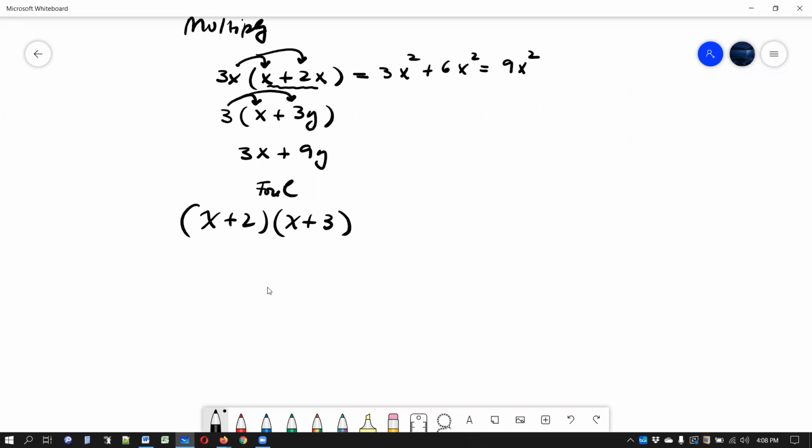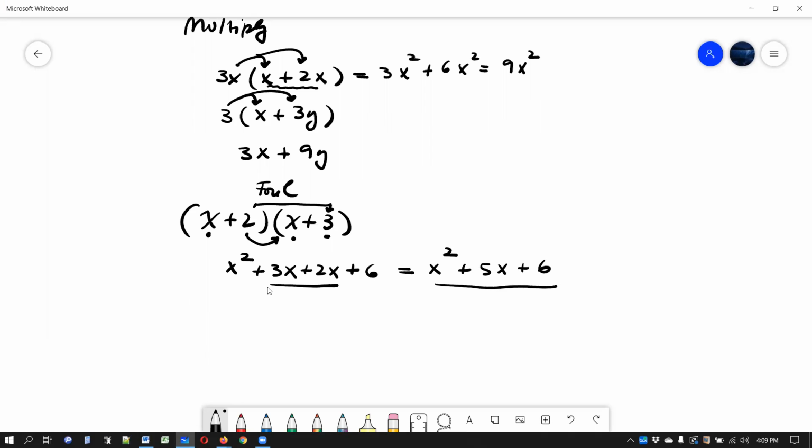Well, we would FOIL. x times x, x times 3, 2 times x, and 2 times 3. At this point, we combine like terms, if there are any, and we check to see if we can simplify anything else. In this case, we can't, we stop.